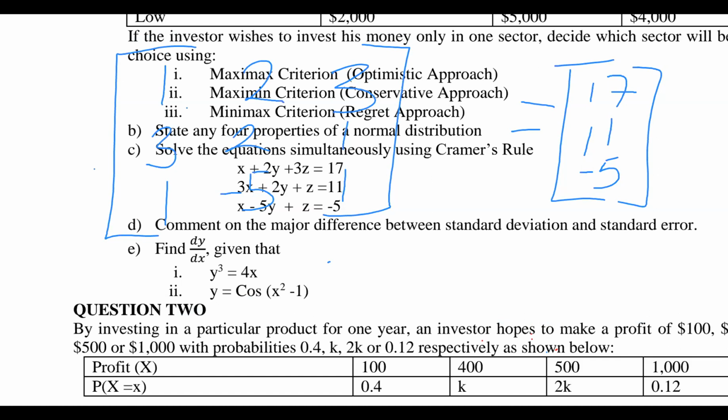Okay. Assuming that people are quiet because they have known. How do you find the value of x? First, let me show you how we find the value of x. The value of x shall be given as the determinant of superscript x divided by the general determinant.